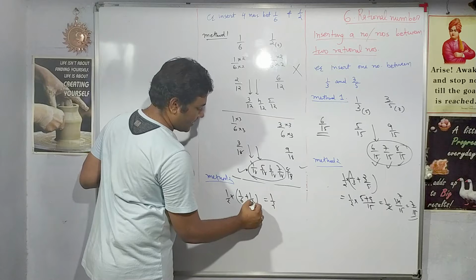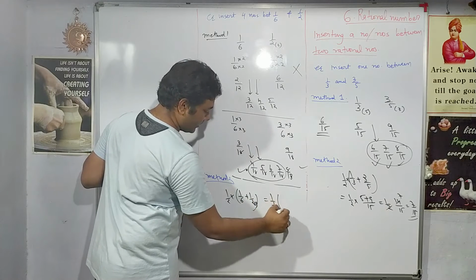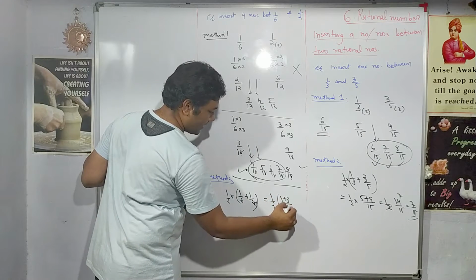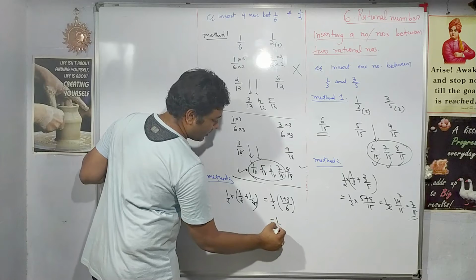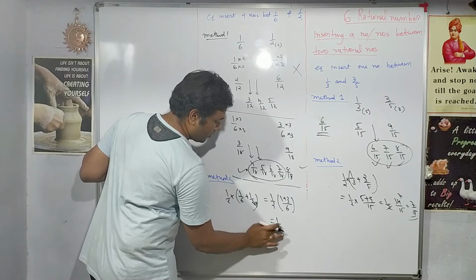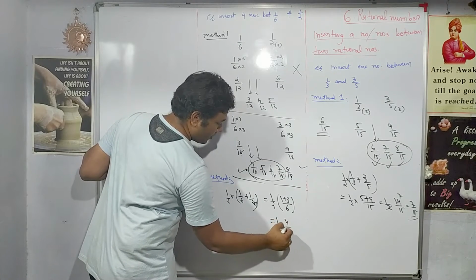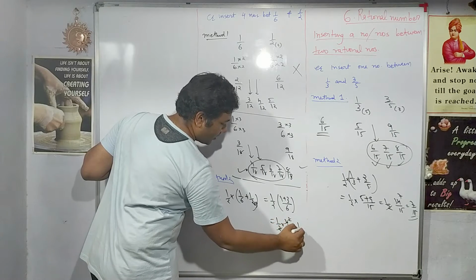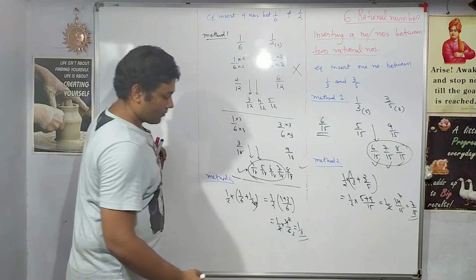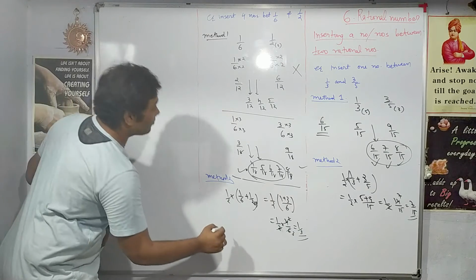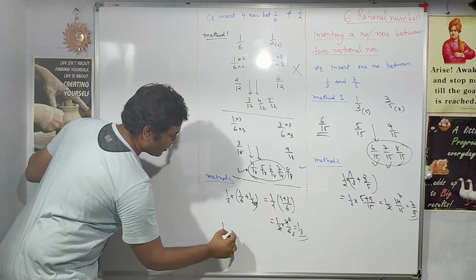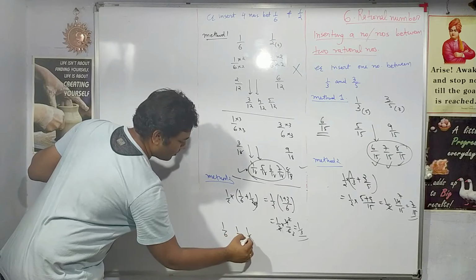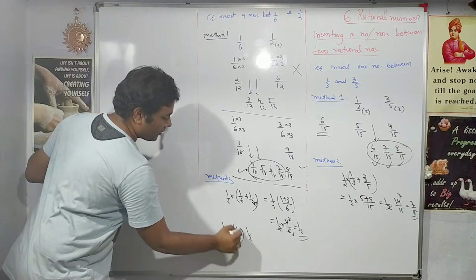Half of, LCM is 6, so 1 plus 3 by 6, that is nothing but 4 by 6, 2 2s are 4, 3, so one number I got as 1 by 3, right? So now I can write down 1 by 6, 1 by 3 and 1 by 2, correct? One number I already have.